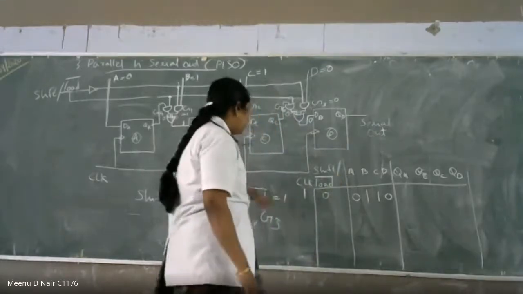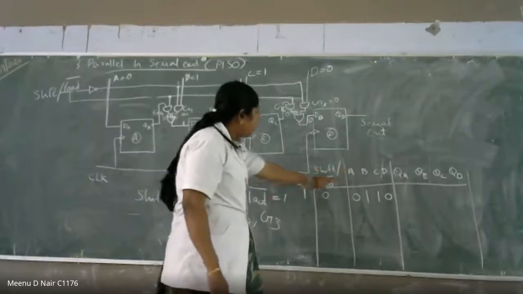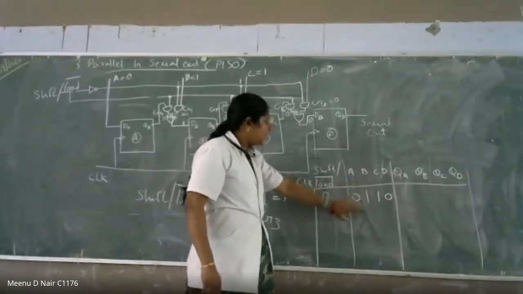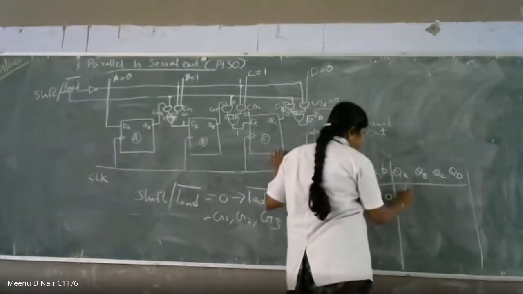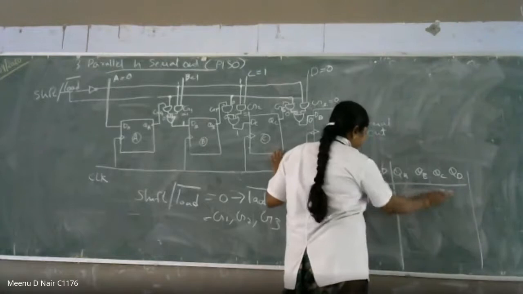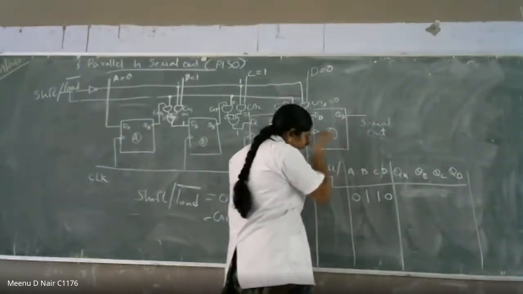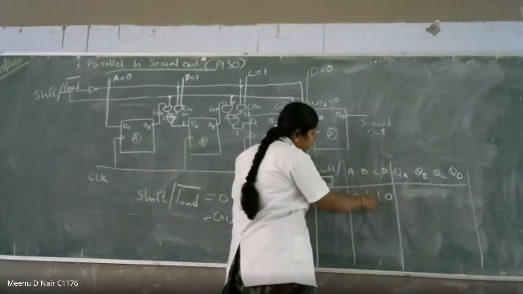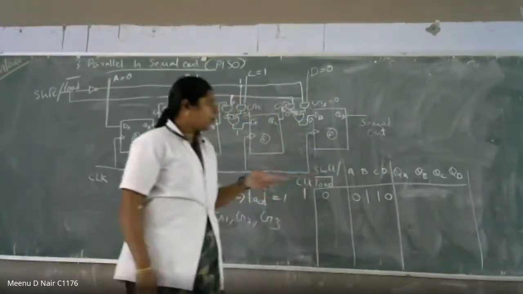Now, what about the output here at this point? This is 0 only. Now it is loading. Your load input is 1, and your inputs A, B, C, D are 0 1 1 0. Then what about QA, QB, QC, QD?